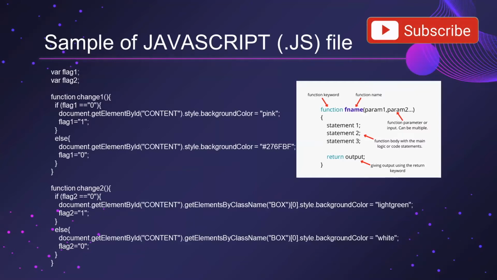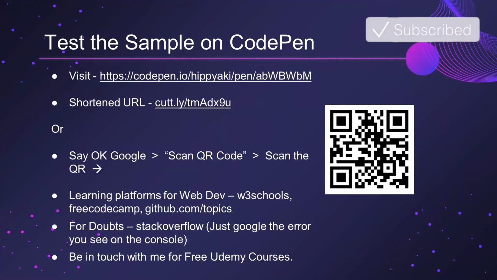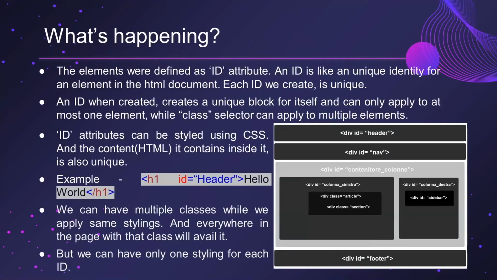For understanding how it practically happens, I will give you the link also. I want you to have a look at this particular sample that I have prepared for you. So what's happening in there? These are ID elements. The ID attributes will have their unique identity when you are defining them in the HTML document.